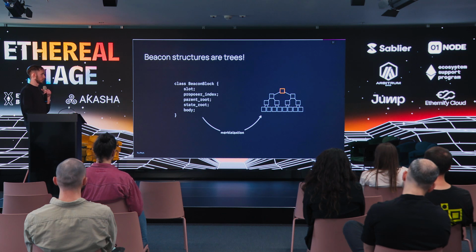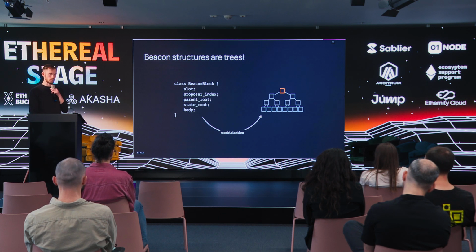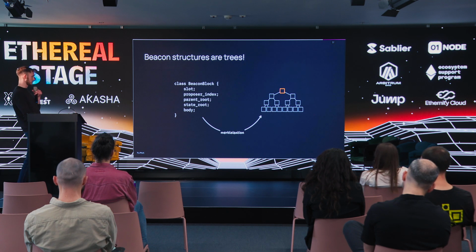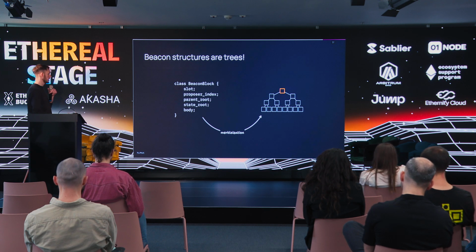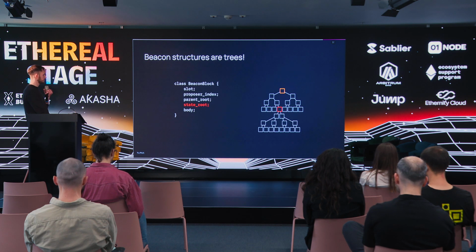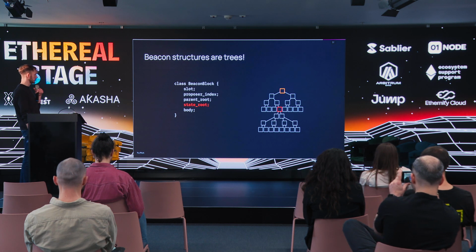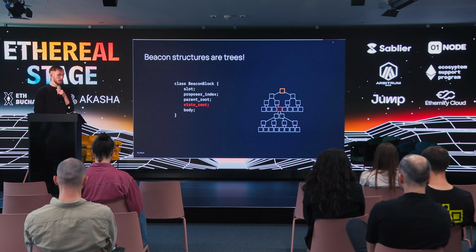And this is the actual beacon block root which is pushed by this new EIP back to the execution layer. Another thing is that in this structure there is a state root, which is the root of another beacon structure, the beacon state. So starting from the beacon block root, you have access to the beacon state as well.